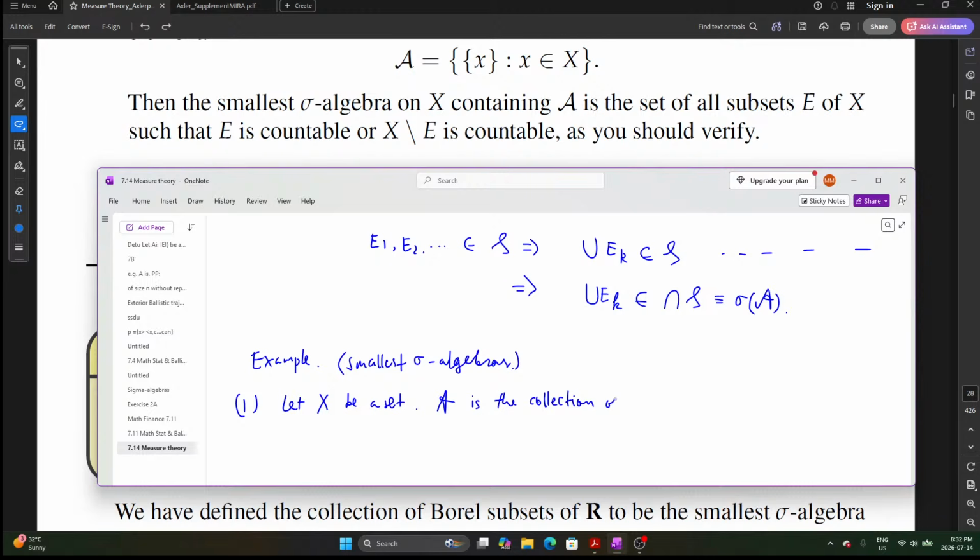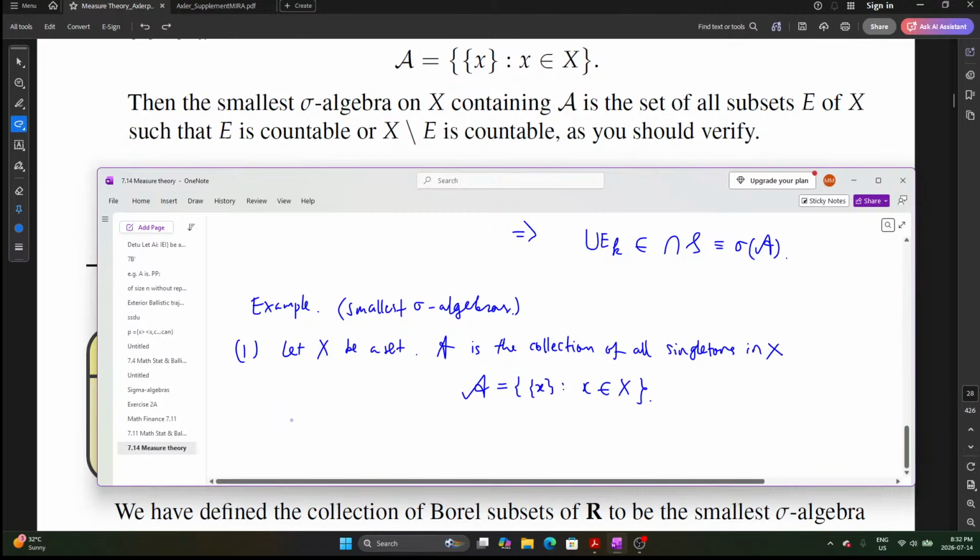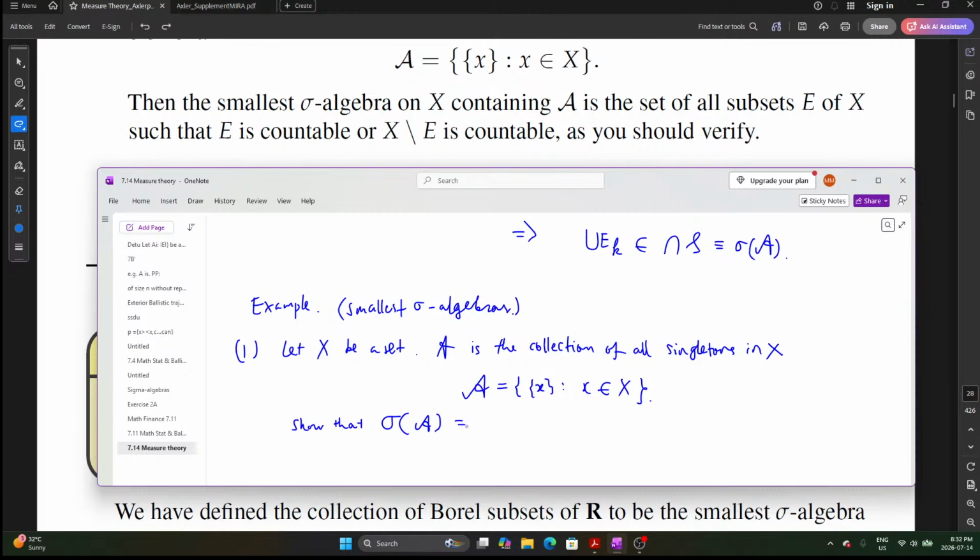So here, A is the collection of all singletons in X. So A is defined as singletons of x such that x is in big X. Okay, show that the sigma algebra generated by A is the set of E, subset of X, such that E is countable, or X minus E is countable.